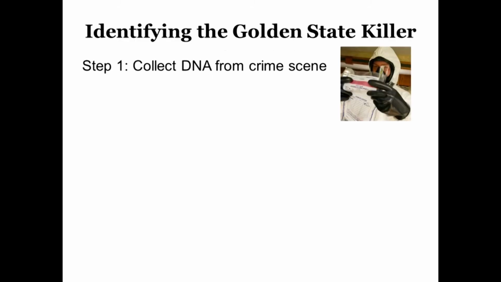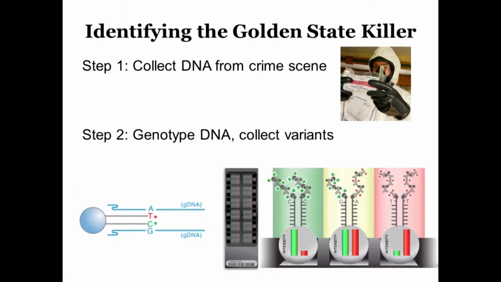So the first step we would take is to get the DNA from the crime scene, and then we would genotype the DNA. Again, we're not sequencing the entire genome in this case. We're focusing only on sites that tend to vary among humans. And how we do that is we get sequence data specifically at sites that we know to be variable.